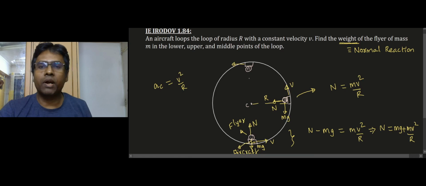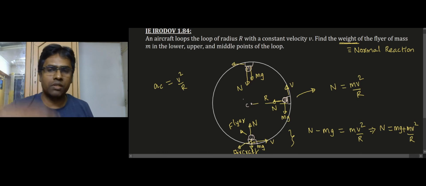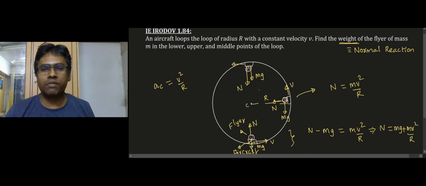Okay, now at the highest point, both the normal force as well as the gravitational force act towards the center of the circle. So here the normal force will be smaller than the normal force when the aircraft was at the lowermost position, because even the gravitational force is helping provide the necessary centripetal force.